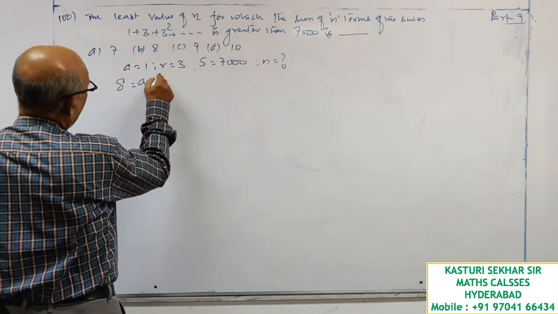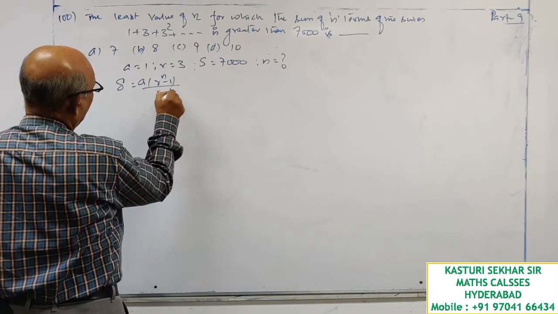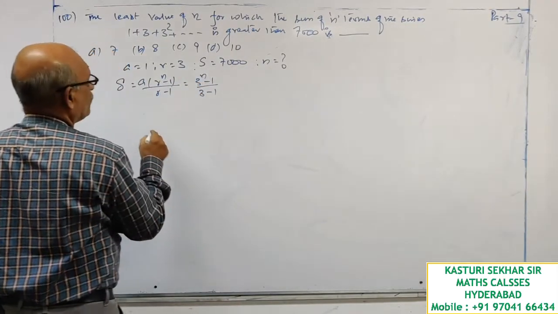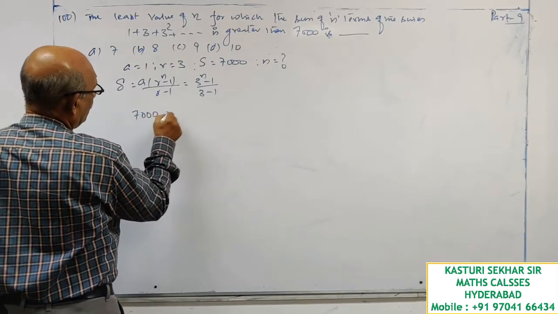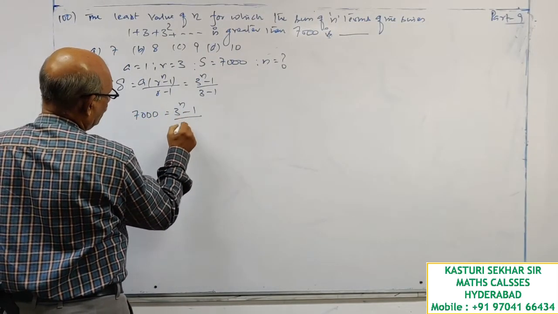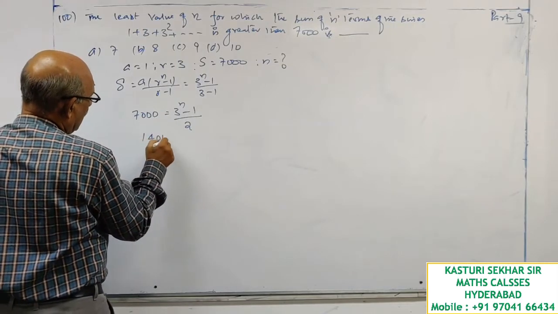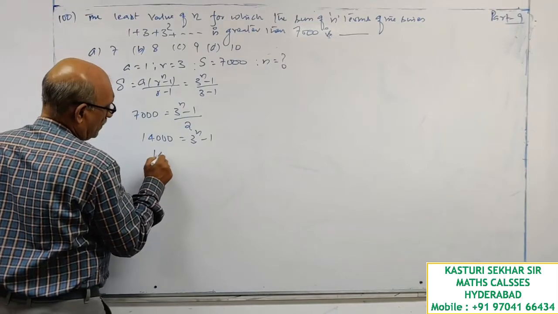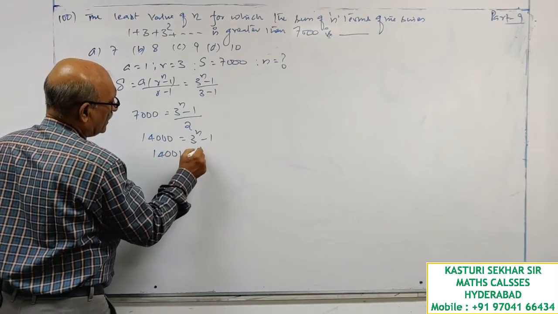S is equal to a into r power n minus 1 by r minus 1, that is 3 power n minus 1 by 3 minus 1. 7,000 is 3 power n minus 1 by 2. 14,000 is 3 power n minus 1. 14,001 is 3 power n.